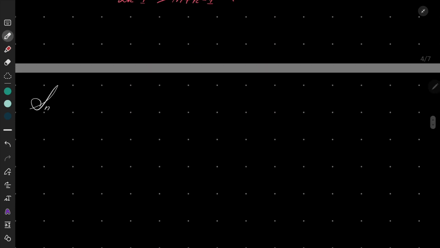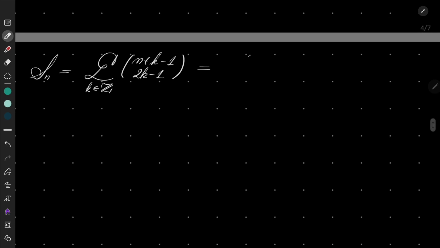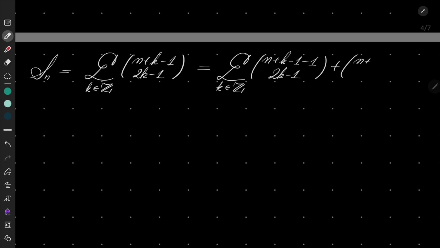So we know that S of n equals the sum over all integers of n plus k minus 1 choose 2k minus 1. And now what I want to do is to use the recursion for binomial coefficients, because n plus k minus 1 choose 2k minus 1 is the same as n plus k minus 1 minus 1 choose 2k minus 1, plus n plus k minus 1 minus 1 choose 2k minus 1 minus 1.